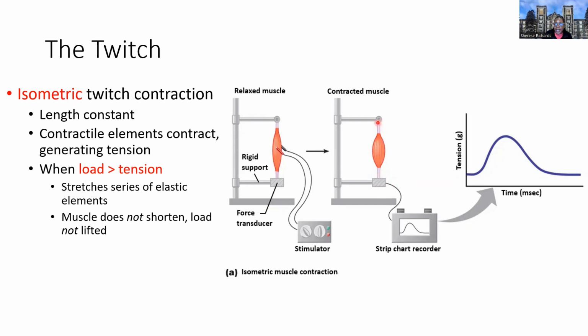What's happening instead is the series elastic elements or the tendons are stretching to sort of overcompensate because enough tension is not being generated to overcome this load. In other words, the load is greater than the tension and the muscle length remains the same. All right. Now, if you look at the amount of tension generated, it's going to increase. The latent period starts, the tension increases, and then it peaks, and then it drops off. It never actually flattens out or levels off because there's never enough to overcome the load.